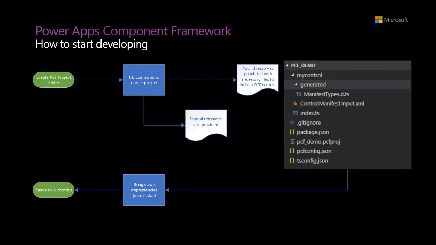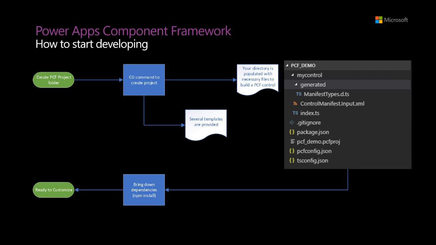If we further look at the component framework, we can see a flow to show how to start developing PCF components using the CLI. First, we create a project folder to hold our Power Apps components. Secondly, we're going to use the CLI command to create a new project. What this is going to do is populate the directory with the necessary files for a PCF control.